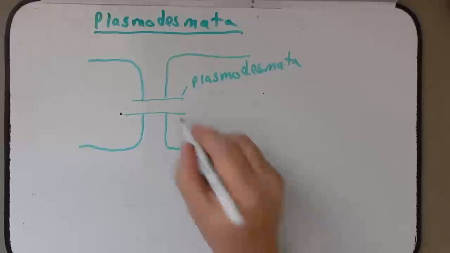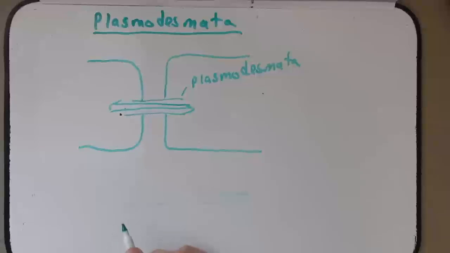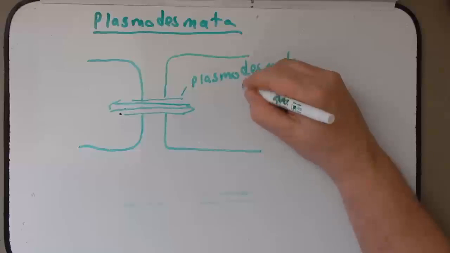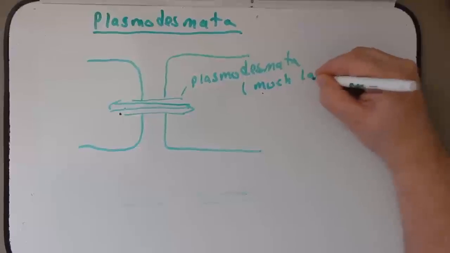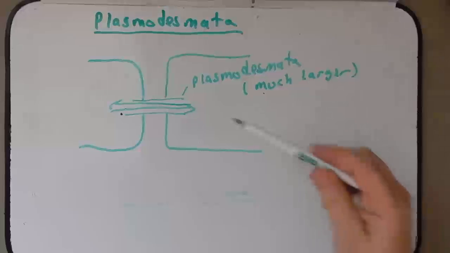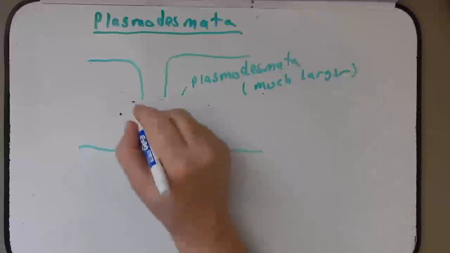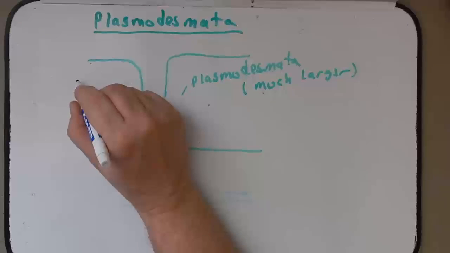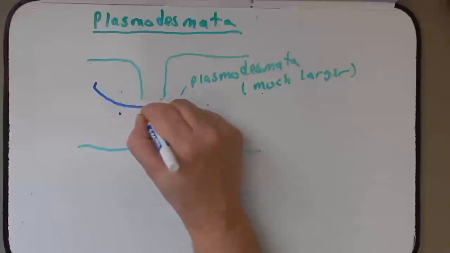Just like the gap junction, it allows material to move in both directions. But a couple differences. The plasmodesmata, the channel here is much larger. That's probably the key difference. Larger materials can move through here. It being much larger, for instance, we can get larger material going through, such as pieces of the smooth ER.